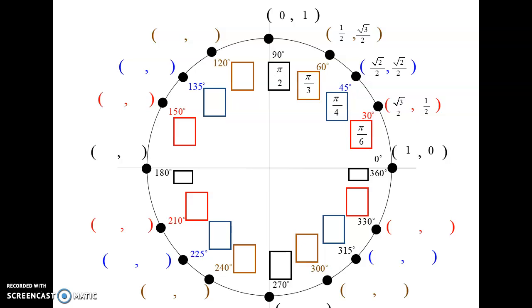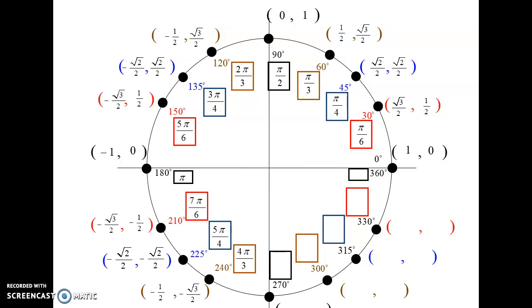If you go to quadrant 4 on the bottom right, the x values will become positive, but the y values will be negative. And they're going to be related to the 30, 45, and 60 degree points that we already have in the top right quadrant. You can see on this slide that they're color coordinated. So as we go around, the points will be related to the same colors. They'll just change signs based on where they are in the unit circle.